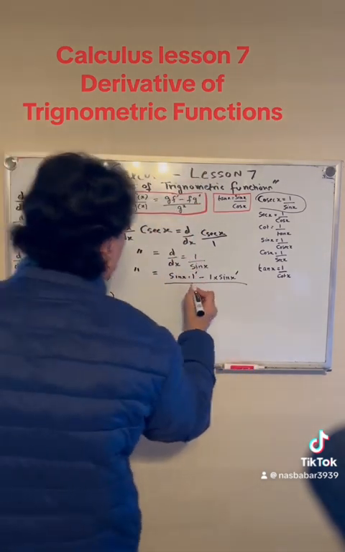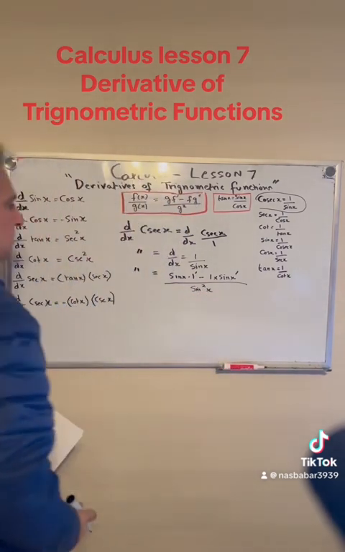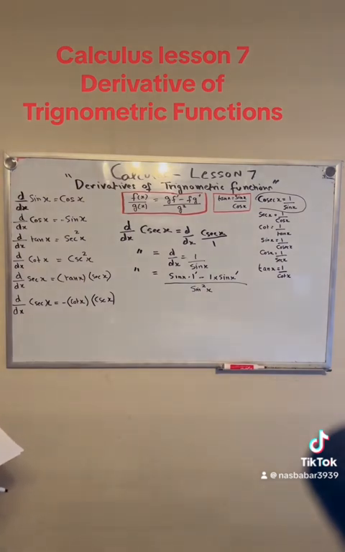G in this case is sine of x, so sine square x. So far so good?